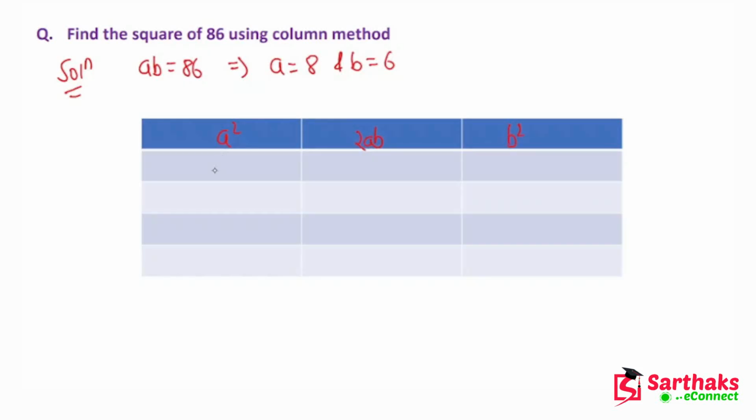Right, so A square is what? 8 square, that is 64. Then 2AB, that is 2 into 8 into 6, so it would be 96. B square would be 6 into 6, 36.